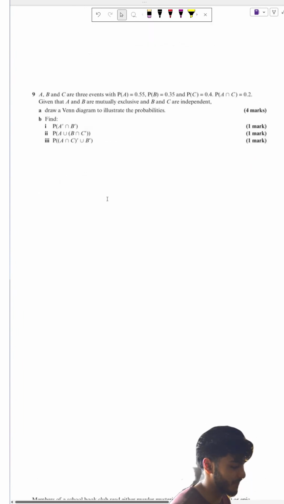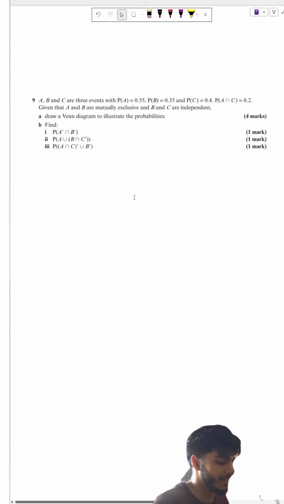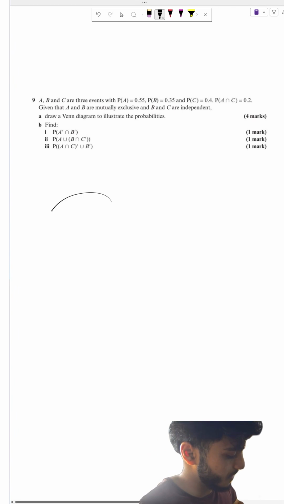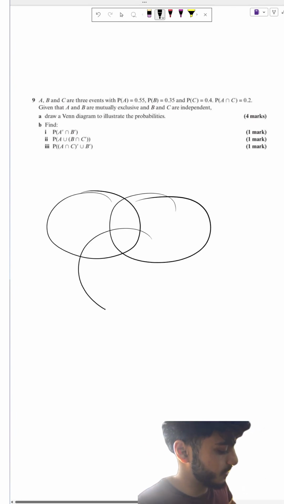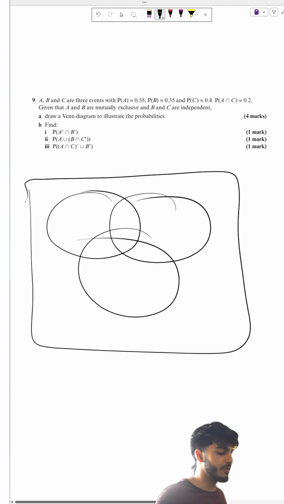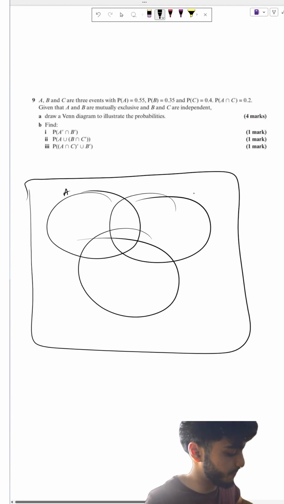Okay, we have some more. This is more complicated Venn diagram stuff, and this is more A level. This is the stuff you will see in the actual A level. Okay, ABC with 3 events are that. So we have 3 circles. Probability of A is 0.55.